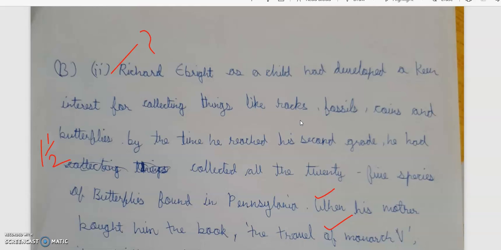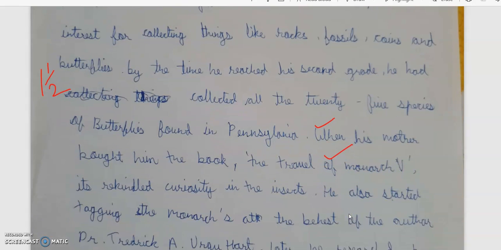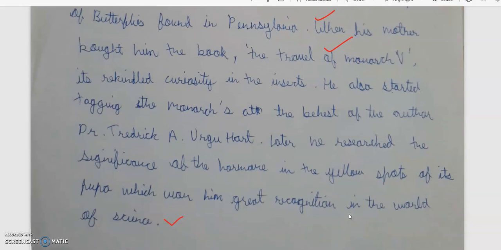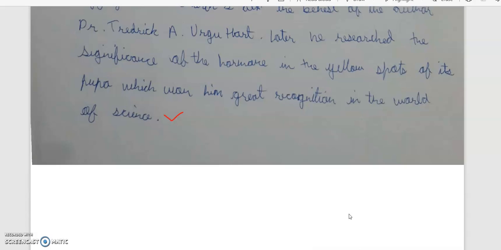Opening line is missing in almost all the questions. There are no citations used. There's one citation I have just spotted that is used, and then the evaluative language. It can be seen, it is evident that, and then the PEE technique, that is to point out, cite an evidence, and explain.